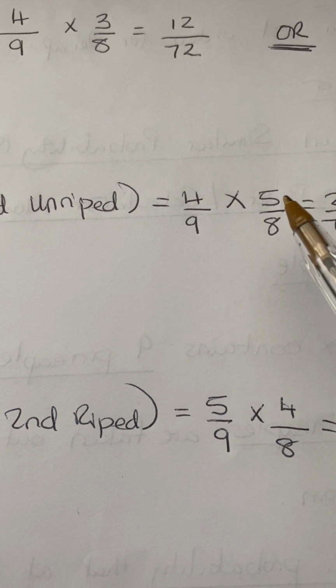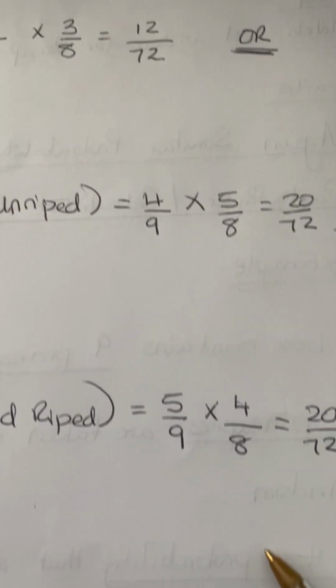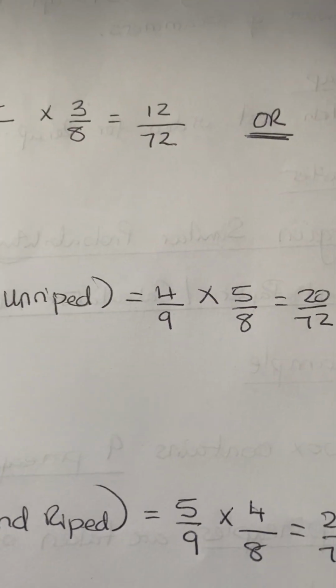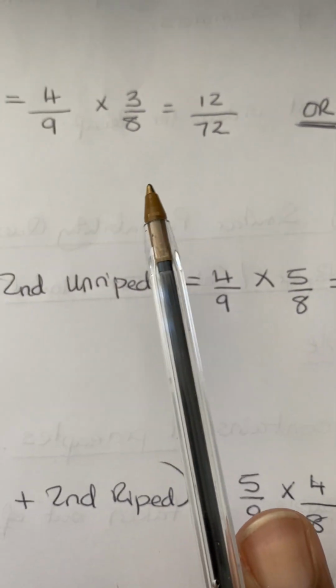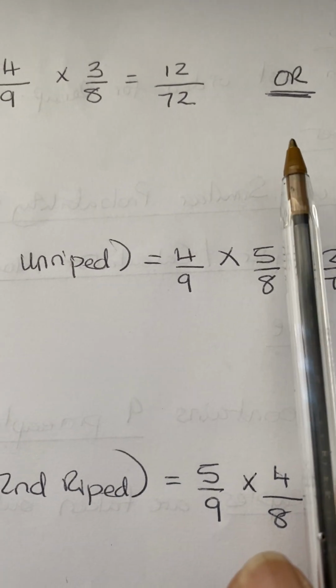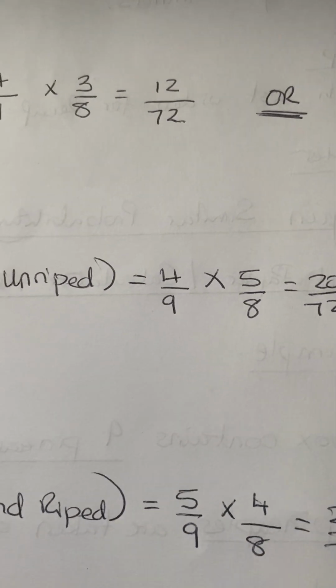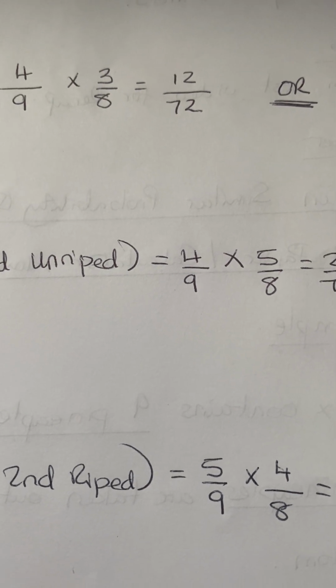So you are going to add all the probabilities together. I remember when we were doing probability, I said 'and' is times or 'or' is add. This is one of the instances.